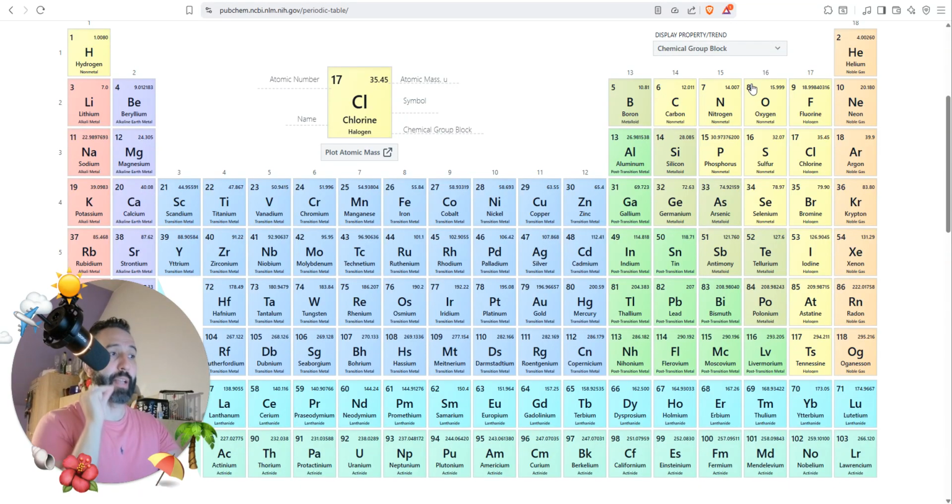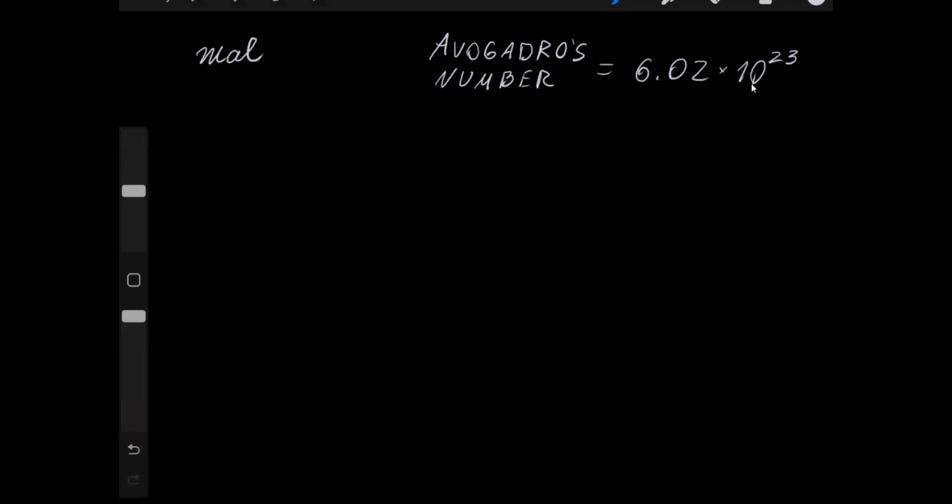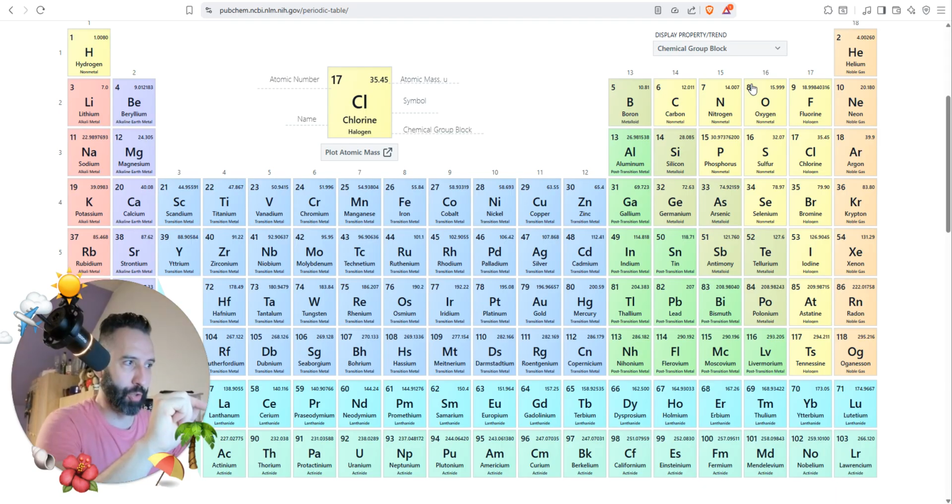That is the best and the only definition of what a mole is and what Avogadro's number is that you want. It works the same actually with molecules.